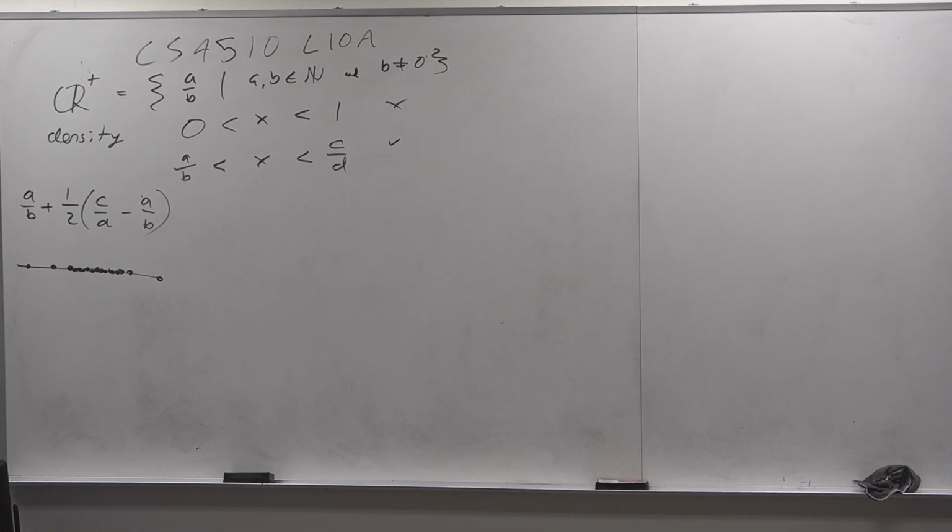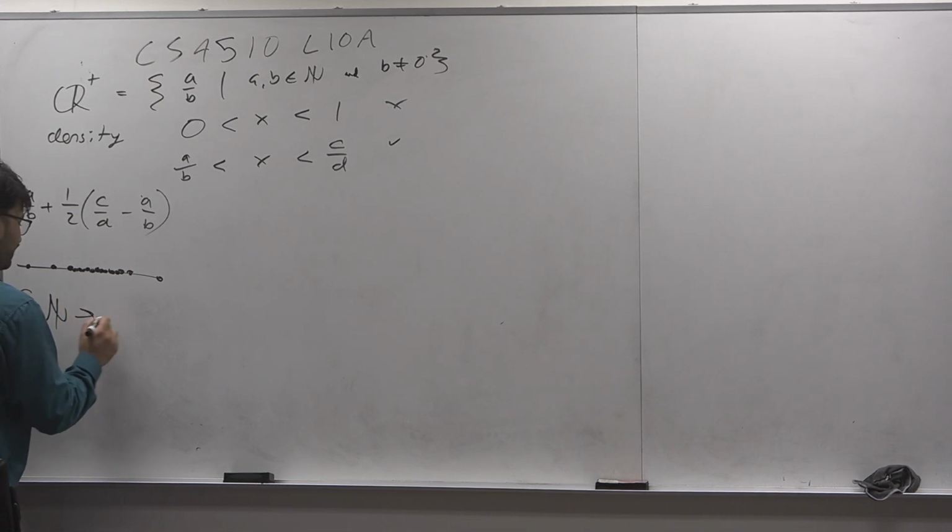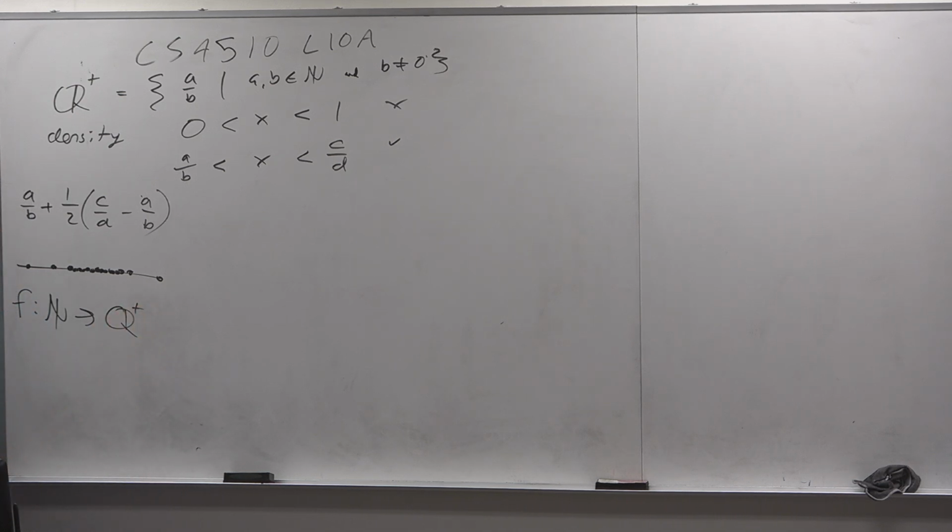For example, what would the first natural number be? Let's suppose we were in consideration of a bijection, right? We're going to have a hard time. What's the first? Give me a rational. Yeah, 1.1. So what is that? That's 11/10, okay?